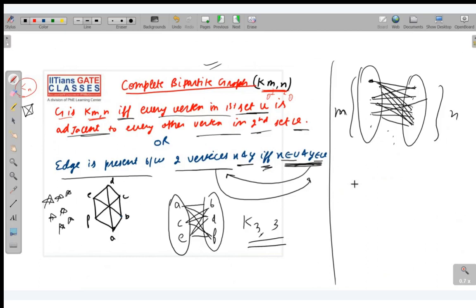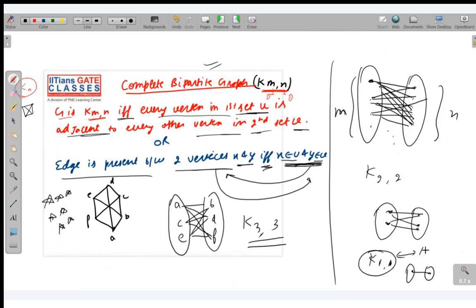Okay, so how will K22 look like? This. And how will K11 look like? Straight, like this. K11 is nothing but K2, and it is nothing but Q1. It is 1-regular with two vertices.